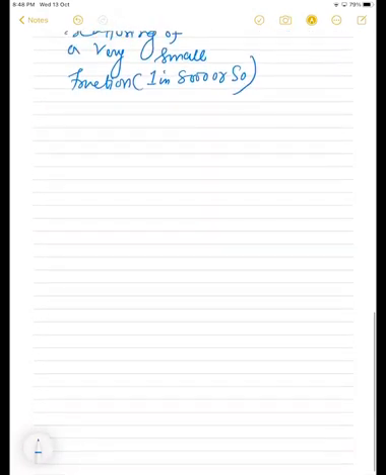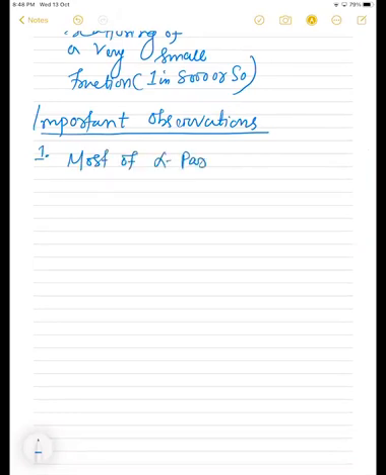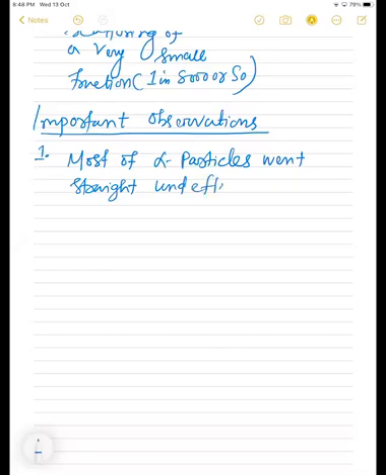What were the observations? The first observation was that most of the alpha particles went straight on undeflected. What did it suggest? It means, why did they go undeviated?